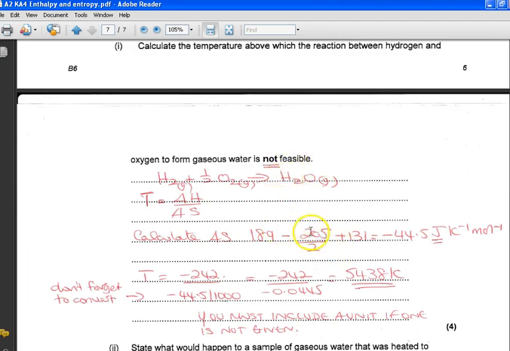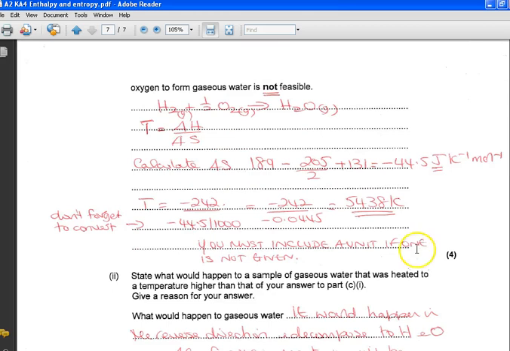Half of oxygen because it's half O2, plus 131, which is the entropy for hydrogen, and the answer to that calculation is minus 44.5 joules per Kelvin per mole. So that's your delta S value.